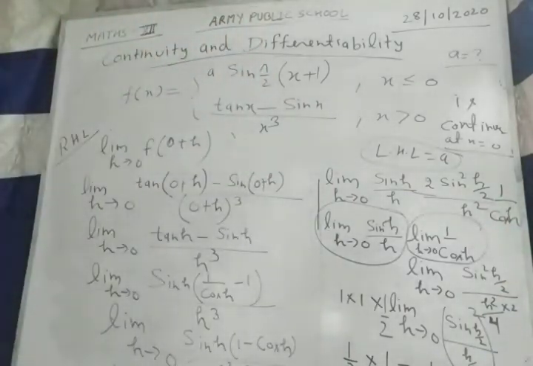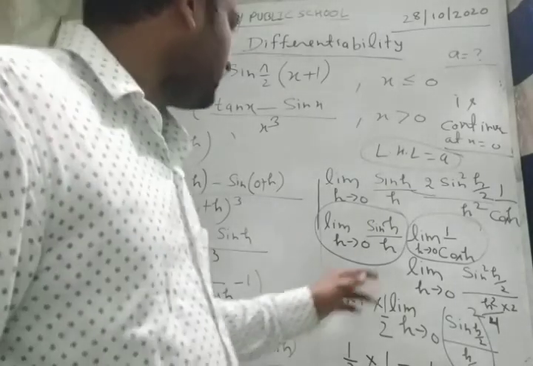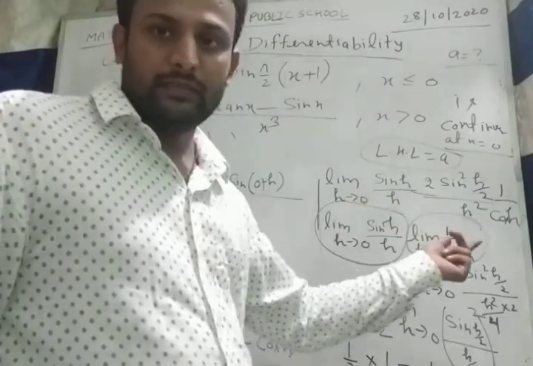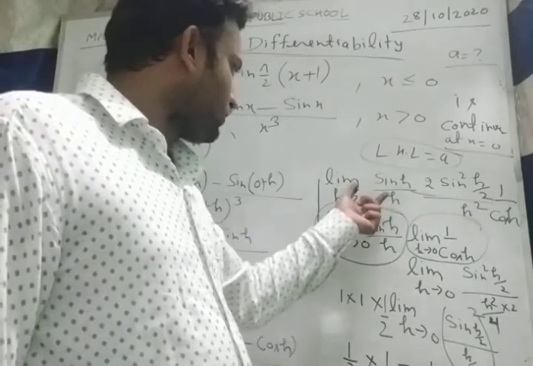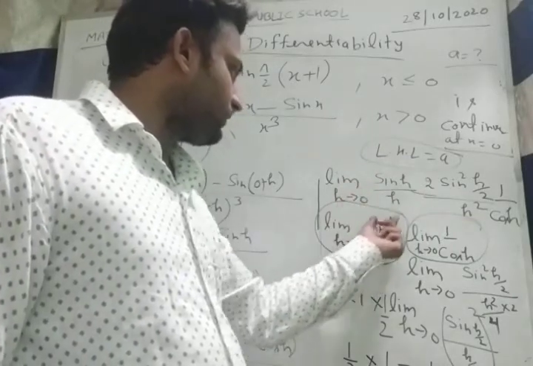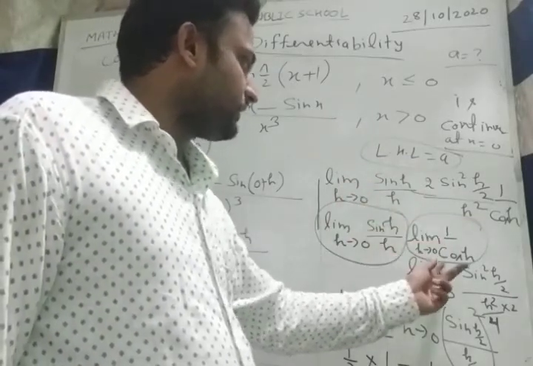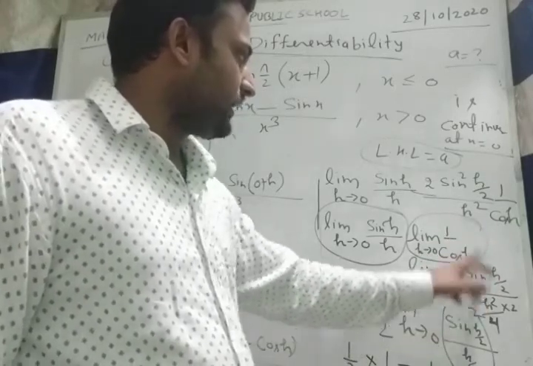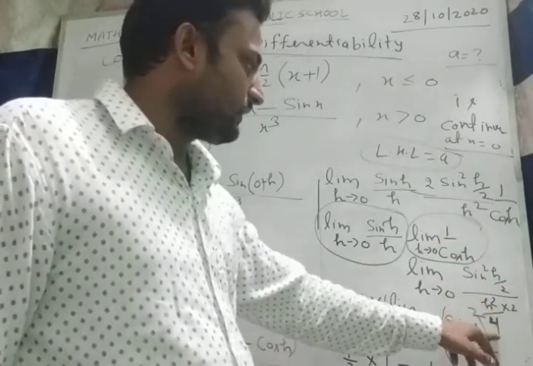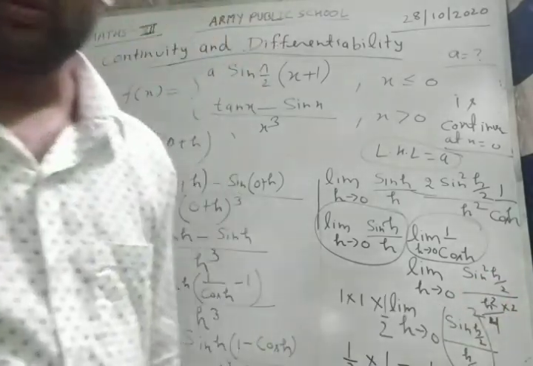Now we will take the limit of the different functions separately. So we write limit h tends to 0 of sin h by h, limit of 1 by cos h, and limit of sin square h by 2 over h square by 4 into 2.